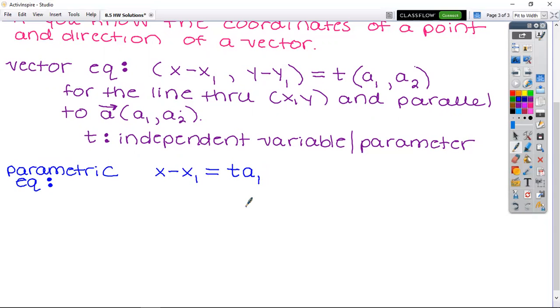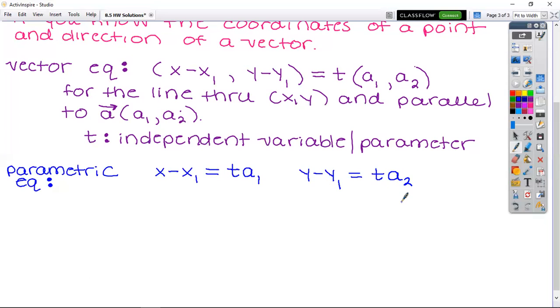And then my other one, same deal. I'm going to take y minus y1, whatever that's equivalent to, and that is equal to, again, distributing, t multiplied by a sub 2. And just be careful when you see the t's that you don't confuse it for a plus sign; make it a lowercase t or something to distinguish that.